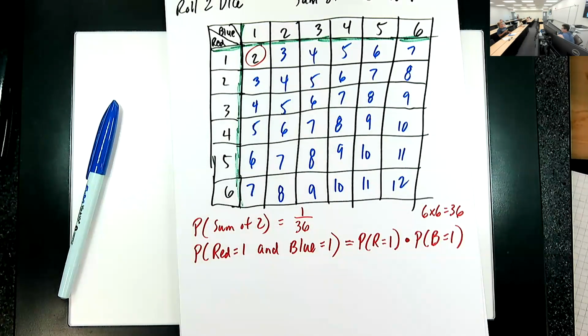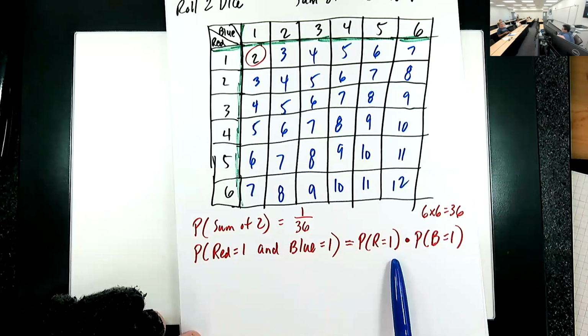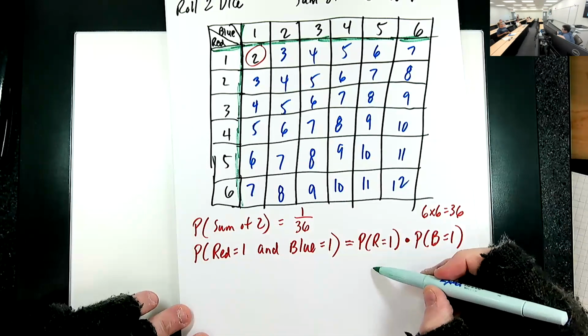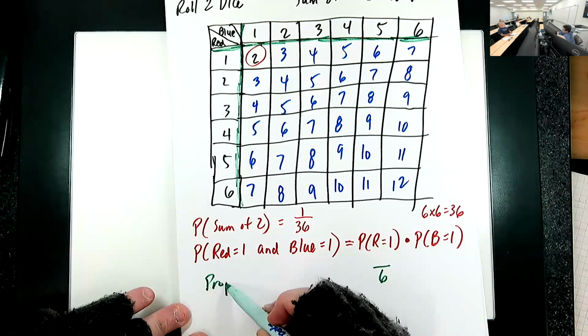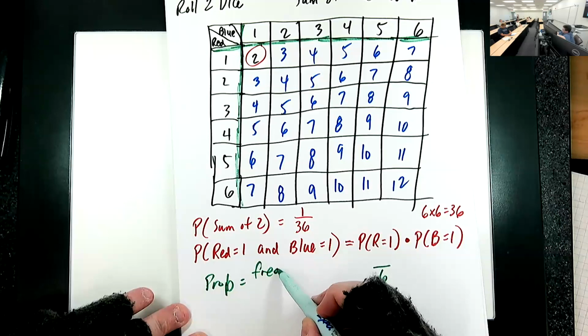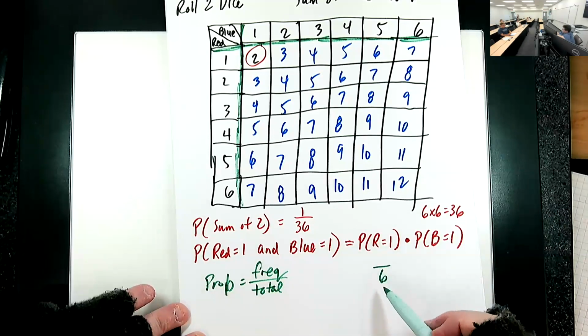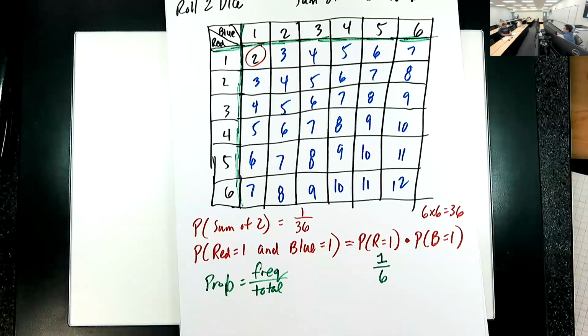I went with the sum of 2 because I knew there's only 1 on the board, but I think your question is a better route to go for explaining stuff. The probability that the red equals 1, there are 6 possible outcomes on the red die. Because remember, probability is the frequency of what we want over the total number of outcomes. So there are 6 outcomes for the red die, and only one of the outcomes is a 1.